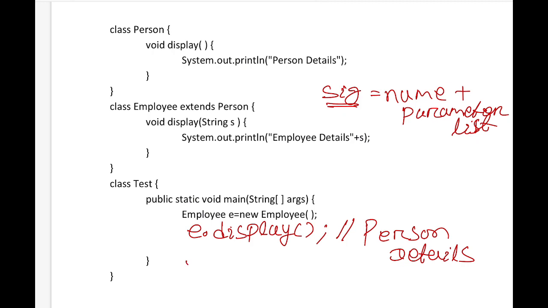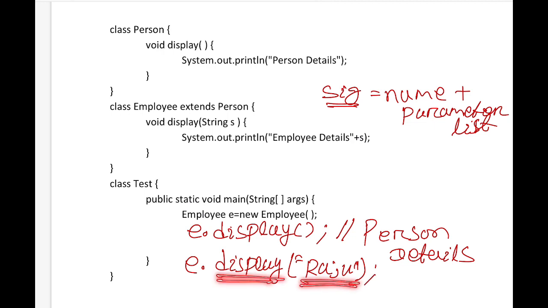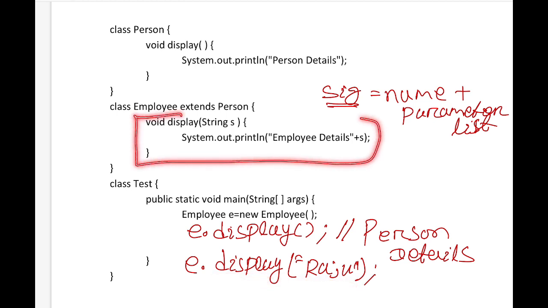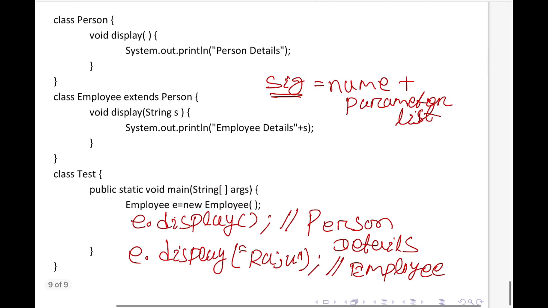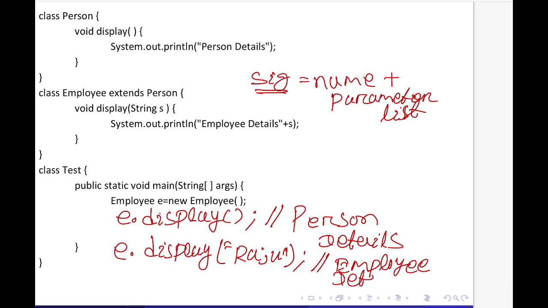Now if we write e.display and pass any string value, suppose Raju. Here you can observe display and we are passing one string argument, so this method is going to be invoked or executed and it is going to print employee details Raju.